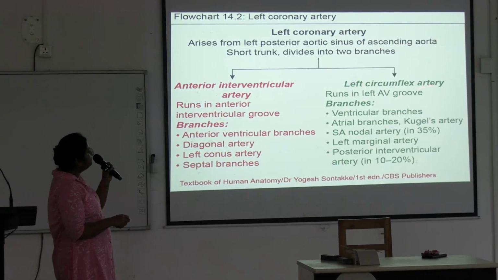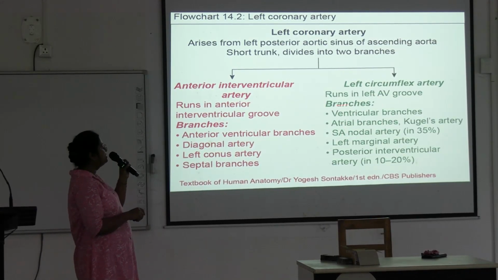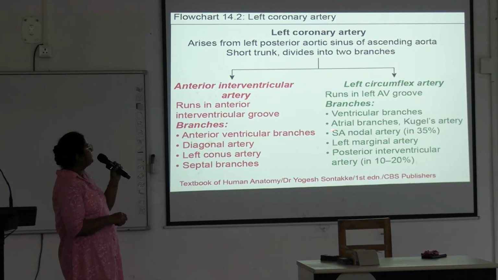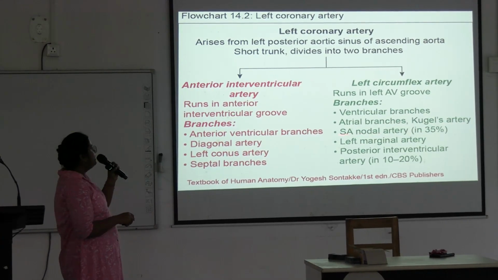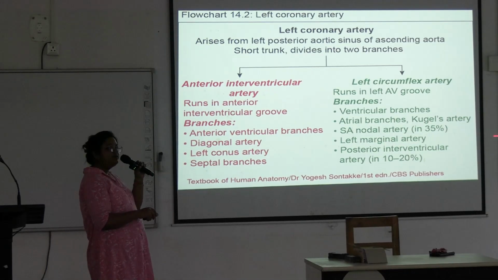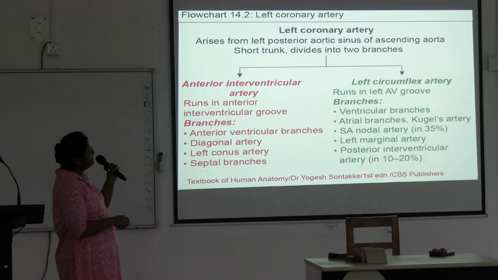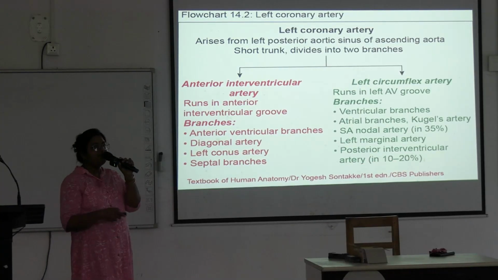And the left circumflex artery has these branches: ventricular branches, atrial branches, Kugel's artery, one of the atrial branches, SA nodal artery in 35% cases, left marginal artery, and posterior interventricular artery in 10 to 25% of cases.